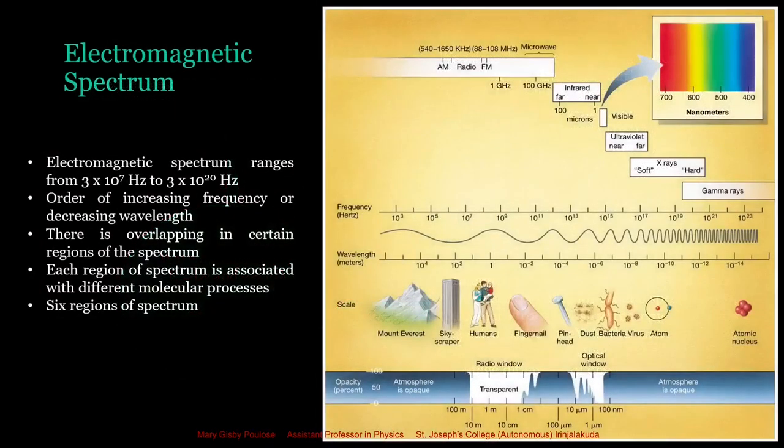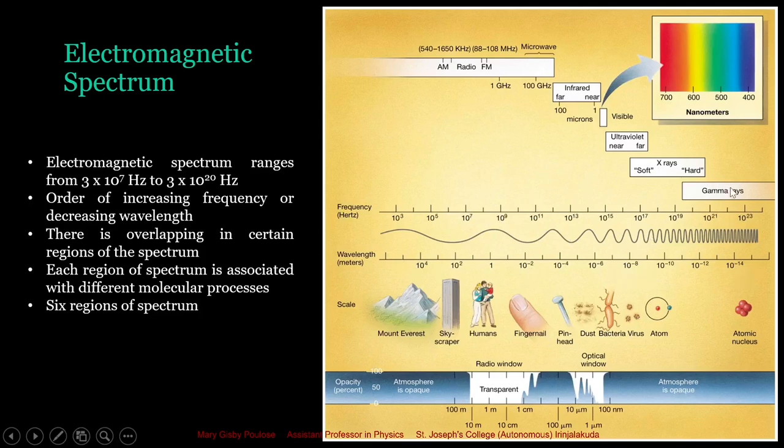Now let us look into the electromagnetic spectrum. This spectrum ranges from 3 into 10 raised to 7 hertz to 3 into 10 raised to 20 hertz. It can be in the order of increasing frequency from left to right, or in the order of decreasing wavelength from left to right.